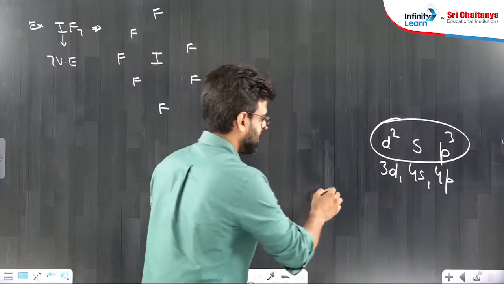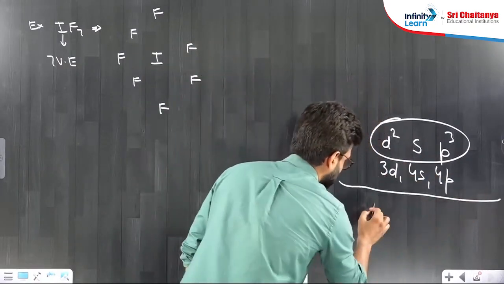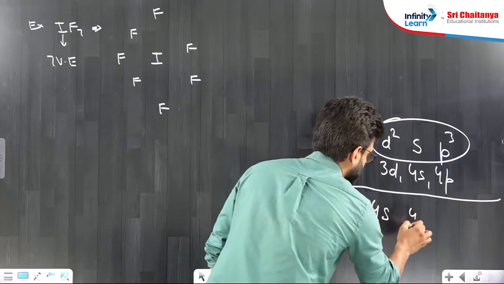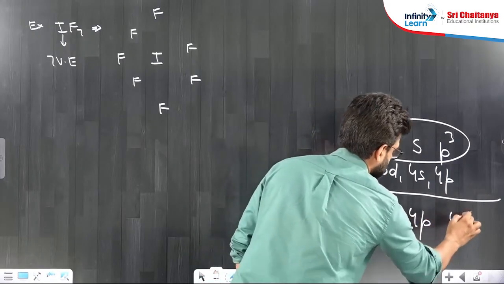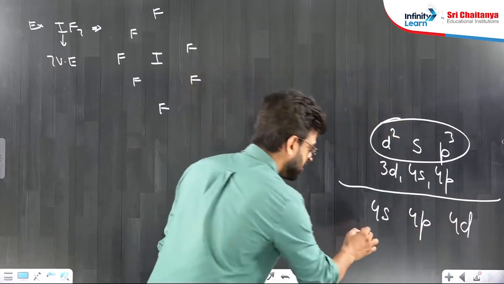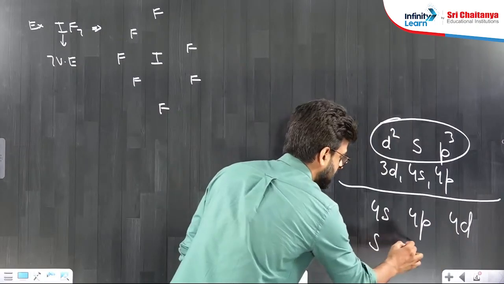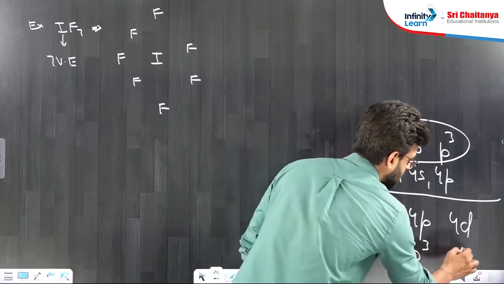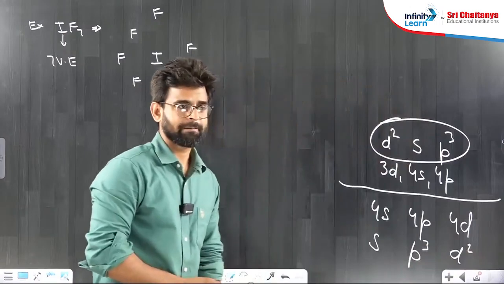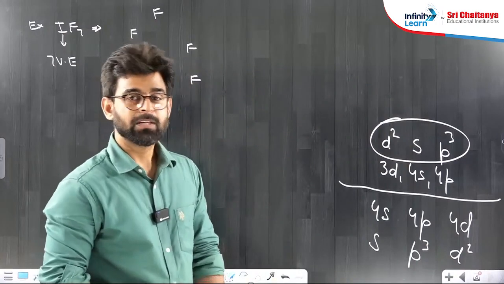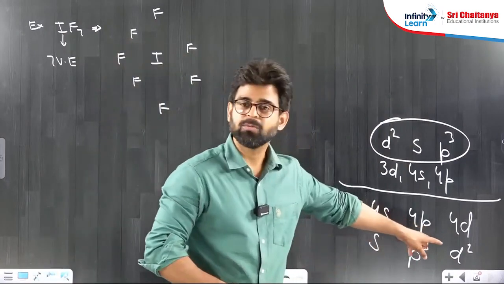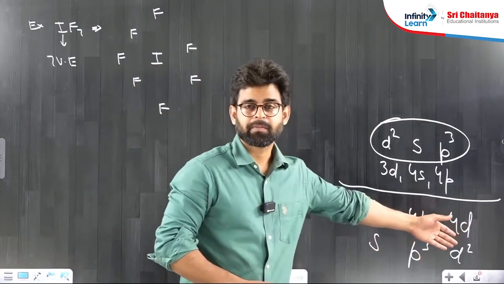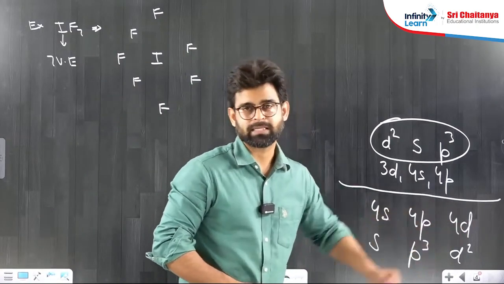Whereas imagine in some cases you will see I am using 4s, 4p and 4d. So I am using my 4s orbital, from here my 4p orbital, and from here 2 of the d orbitals. So I am using the d orbitals which come later, the backside d orbitals.